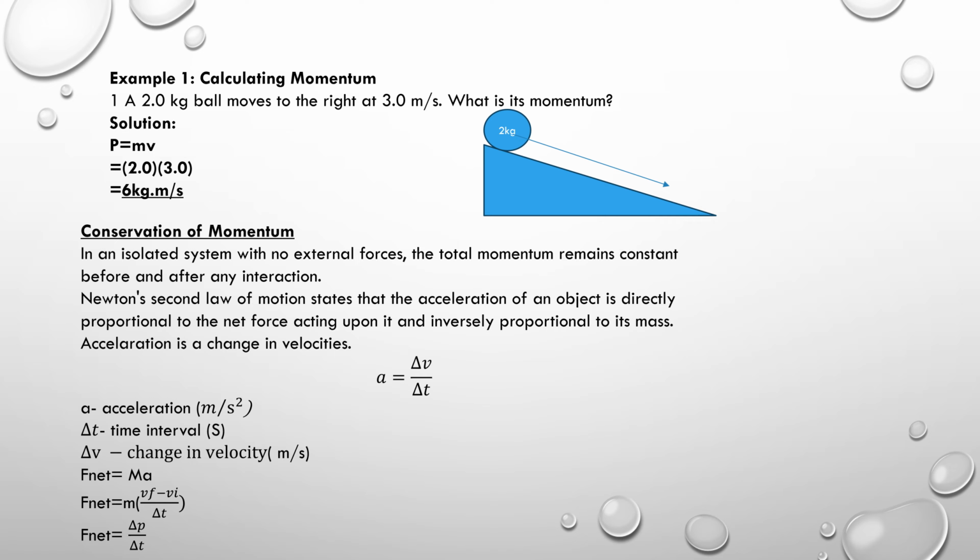Then we have the conservation of momentum. In conservation of momentum, they are saying in an isolated system with no external force, the total momentum remains constant before and after any interaction. The total momentum stays conserved before and after.